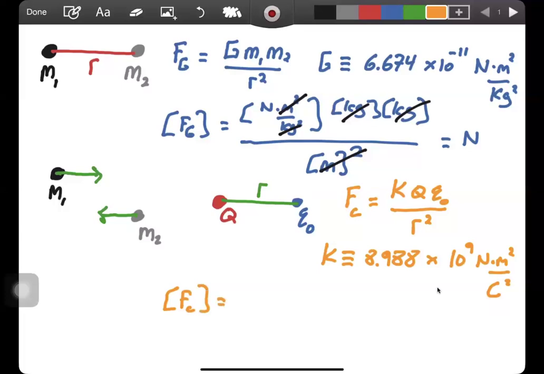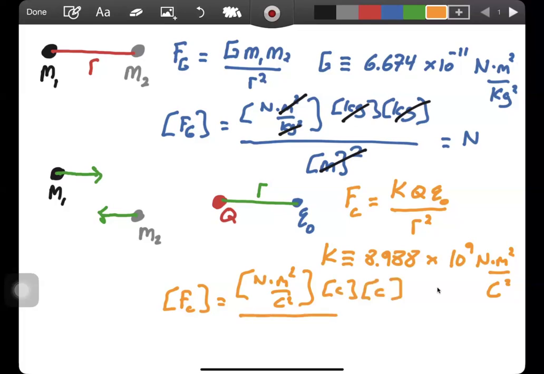So that is going to have the dimensions for the Coulomb constant K, which is newtons times meters squared divided by Coulomb squared. And then we've got two charges, Q and Q naught. So that's going to be Coulomb, and then R squared.